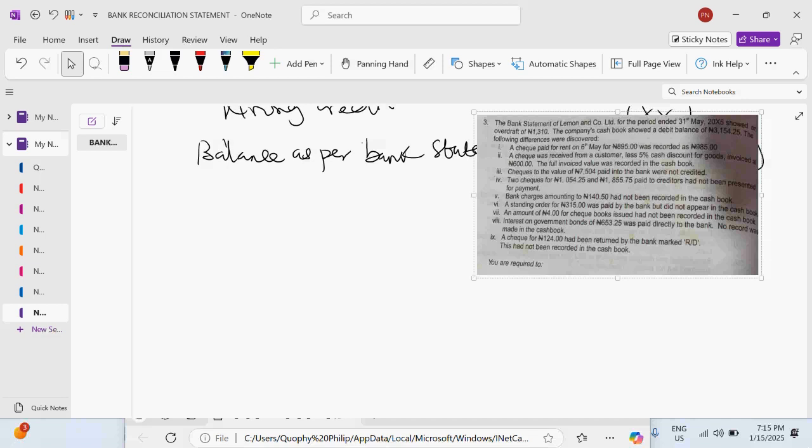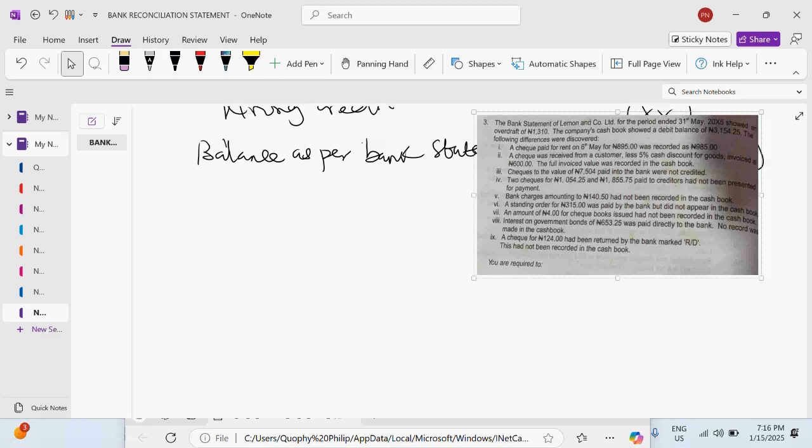The company's cash book showed a debit balance of 3,154.25 naira. The following differences were discovered. 1. A check paid for rent on 6th May for 895 naira was recorded as 985 naira.